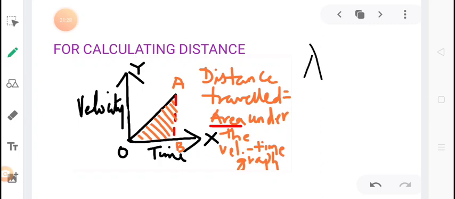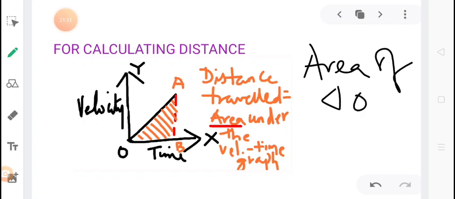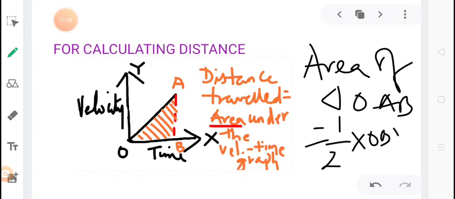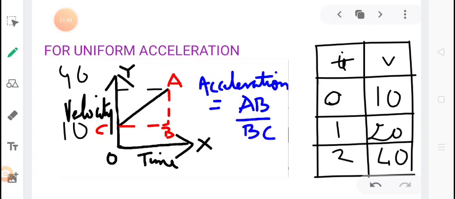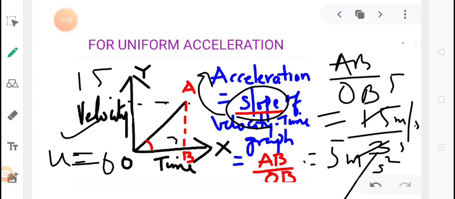So in this case it will be area of triangle OAB, and we know area of a right angle triangle is given by half into base into height. So base is OB and height is AB. So in this manner you can find out the distance traveled. Say you are calculating distance traveled in this case.